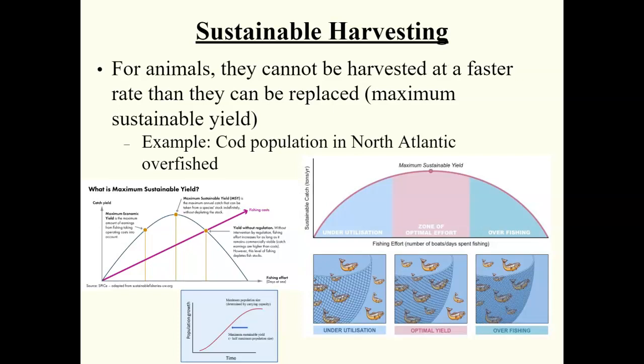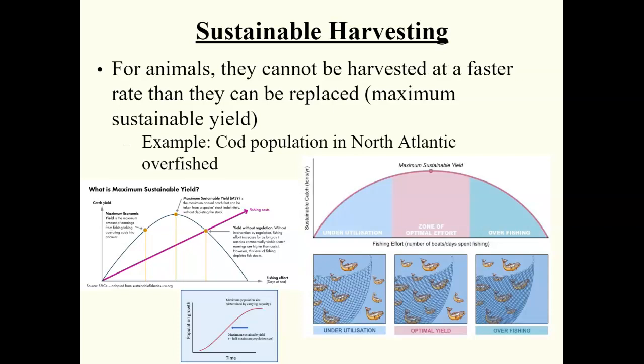And so you see this a lot in the fishing industry, where we have overfished some populations, and this has caused not only ecosystem losses, but also economical losses as well. The fishing industry is a huge industry.